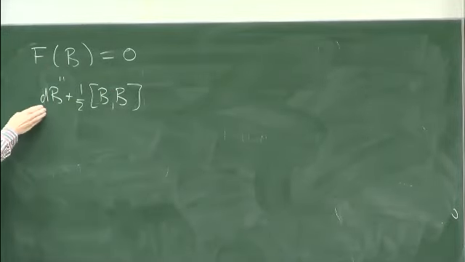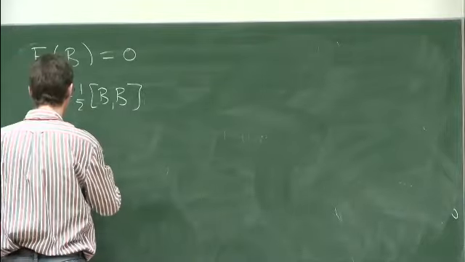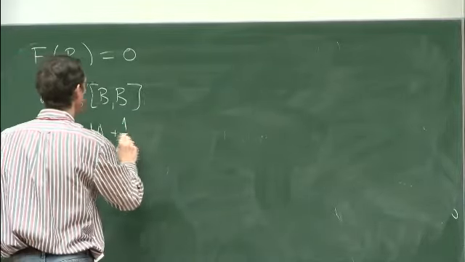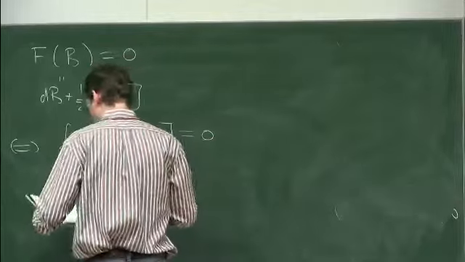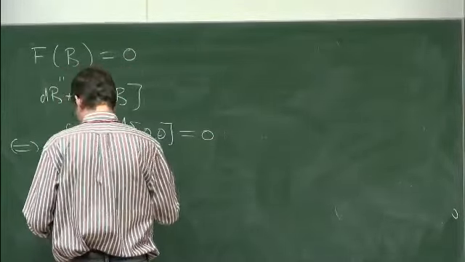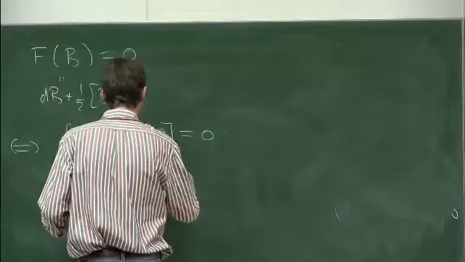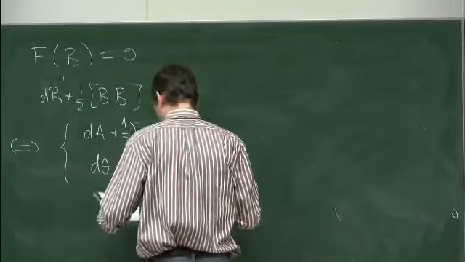So we can split this two-form into an h-valued part and an m-valued part. That gives us two equations. The h-valued part says that dA plus 1/2 of [theta, theta] is equal to 0, and the m-valued bit is that d theta plus A theta is equal to 0.